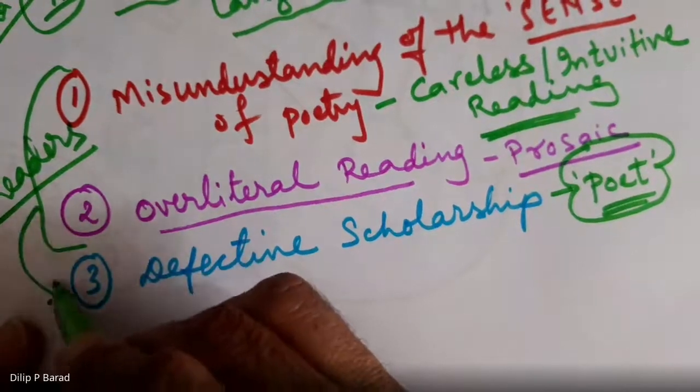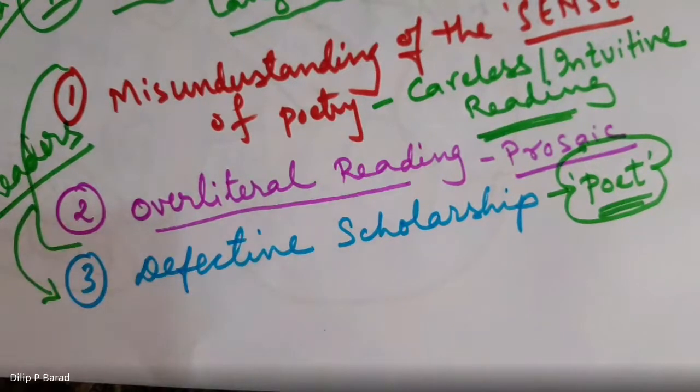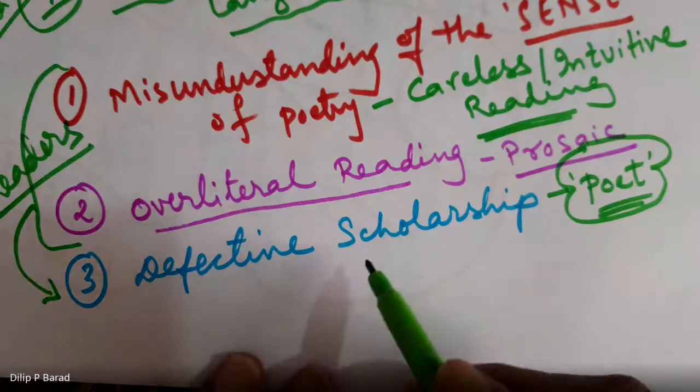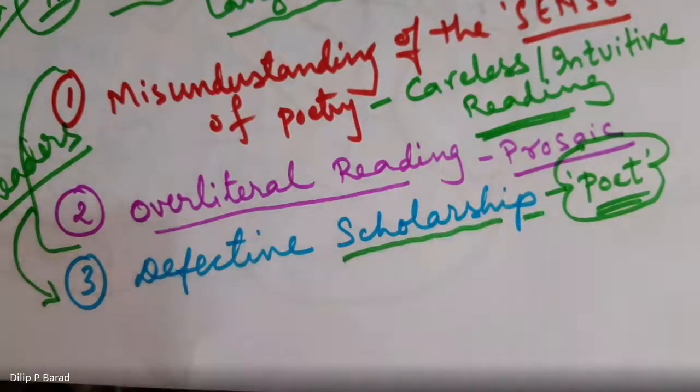While we are reading, if we have a lack of scholarship, of understanding, then also it may happen. Scholarship means pandityа, or what we call better understanding, deep understanding of the topic that we are dealing with. That is what we call scholarship.